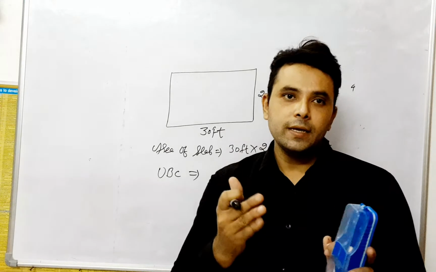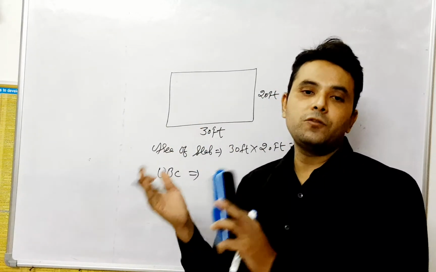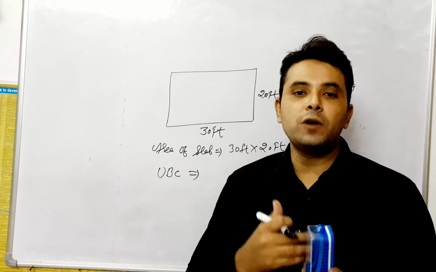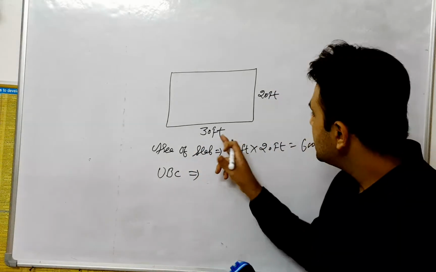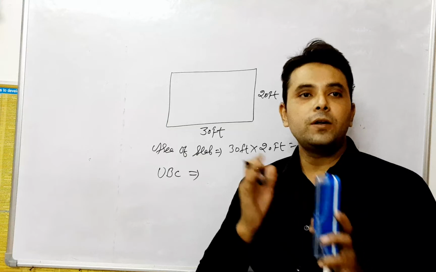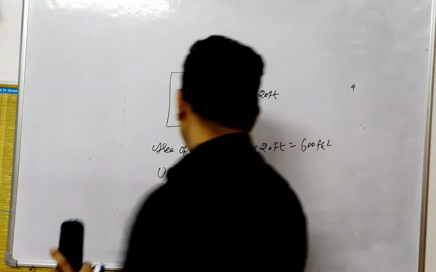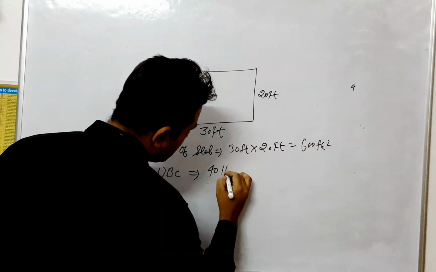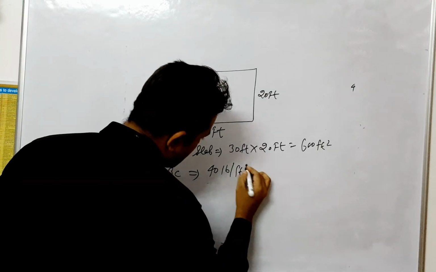In Newton per meter square, you take 1900, or in pound per square feet, you take 40. Here we have square feet, so we will take 40 pound per square feet. So the Uniform Building Code value is 40 pound per square feet.